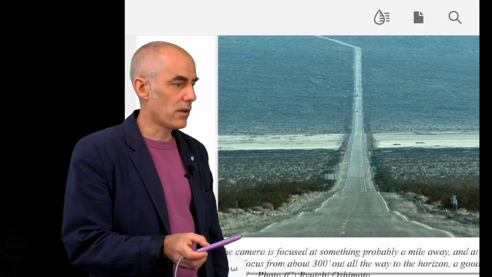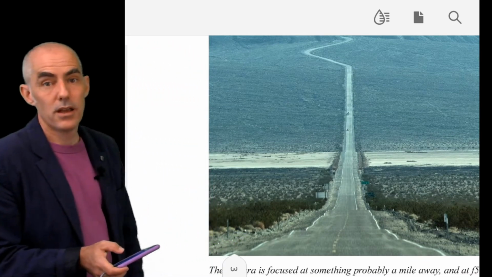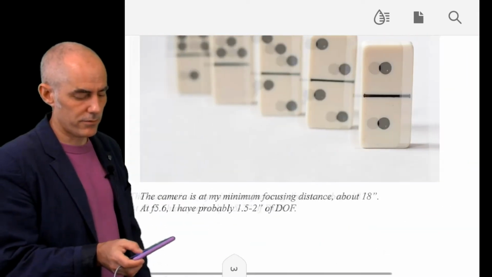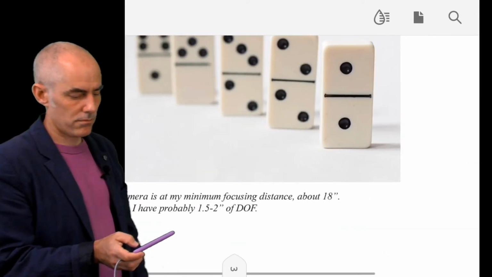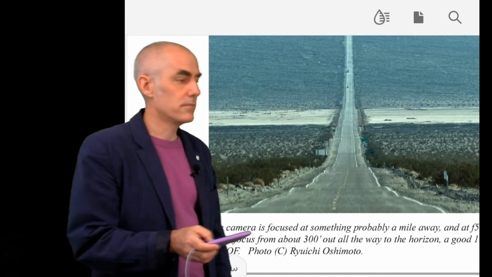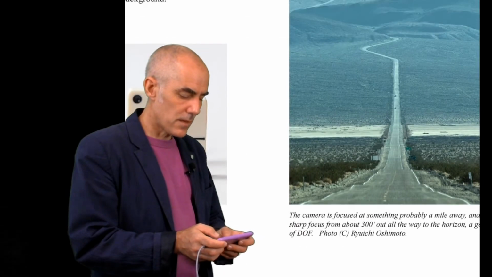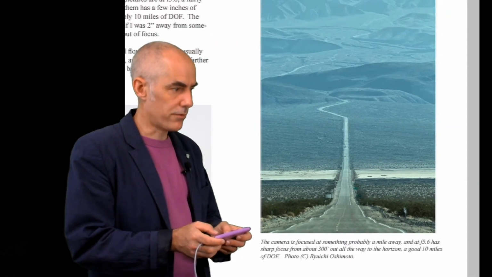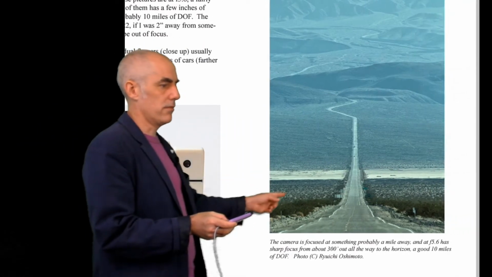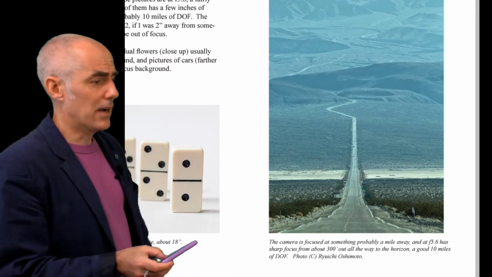Now, if I go over here, this is a picture also shot at 5.6, but the point that I focused on, instead of being 18 inches away, is probably a mile away, honestly, if not farther. So here I have this road, and let's say that I have focused on that point a mile away.